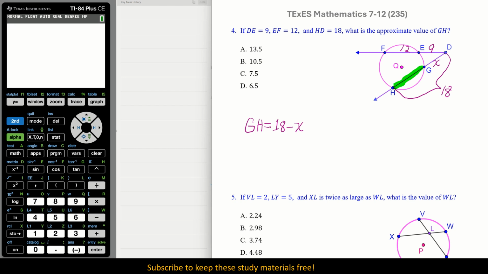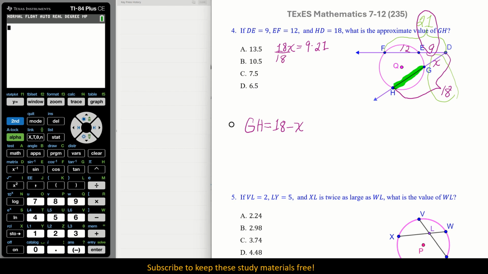We know from before that 18 times X is equal to, and we have to add these two values together, which is 21. That means 9 times 21. So 18x equals 9 times 21.